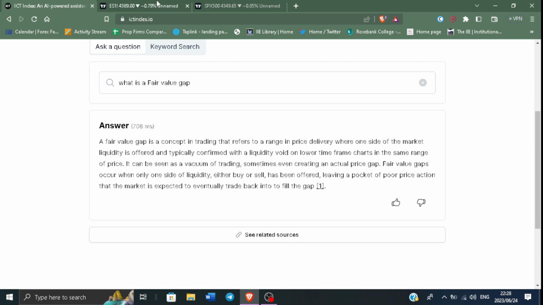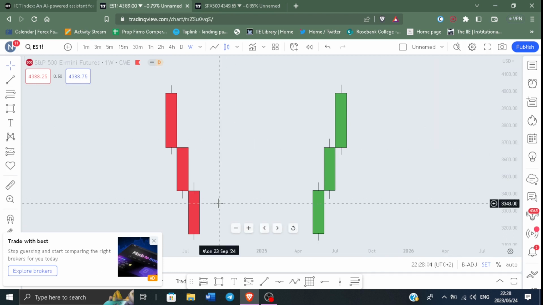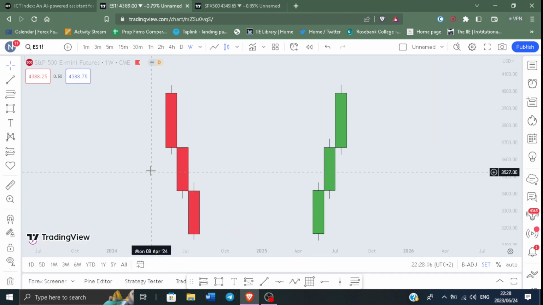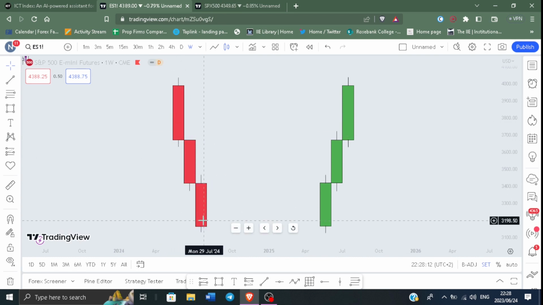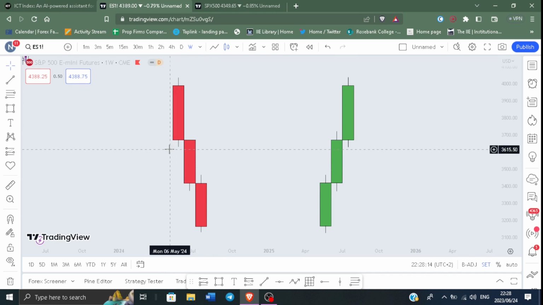So if we look at the charts here, we have three candles on each side. The first three candles are all bearish candles going down. If you look closely, you will see that from the low of the first candle's wick to the high of the third candle's wick, the two wicks do not overlap.